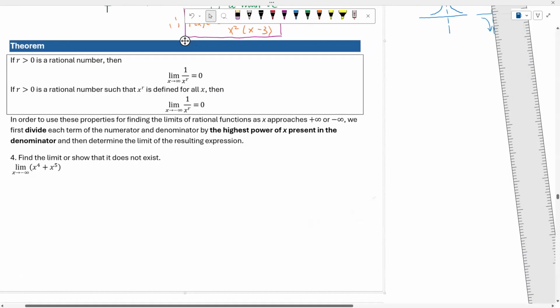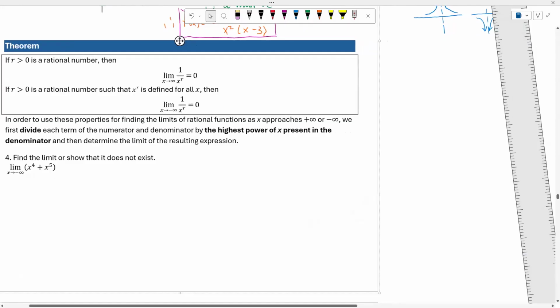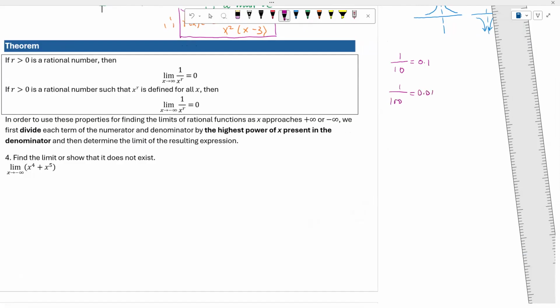Let us look at the following numbers. Think about this: if I have 1 over 10, the answer is 0.1. 1 over 100 is 0.01. 1 over 1,000 is 0.001. Do you see that if the denominator is getting bigger and bigger to infinity, my output is getting closer and closer to 0?